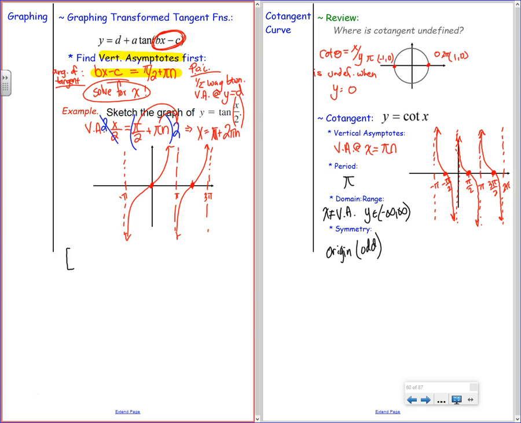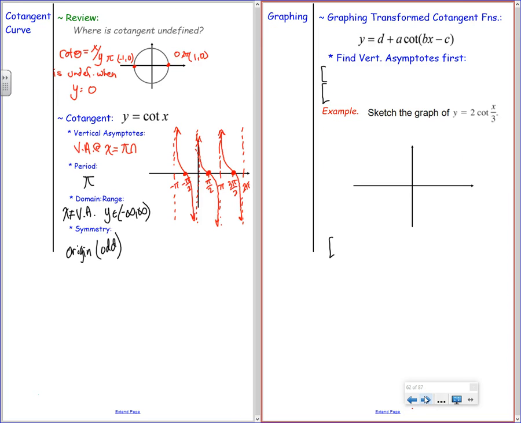So when we go to cotangent, second page, the very first thing we're going to do, same as tangent, is take whatever's inside the cotangent and set it equal to cotangent's vertical asymptotes.